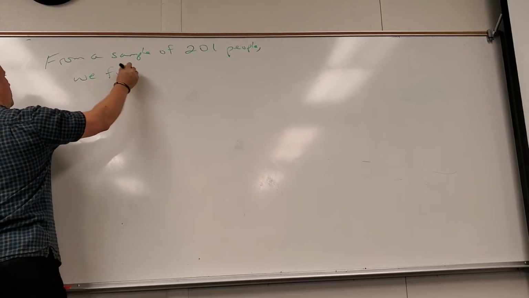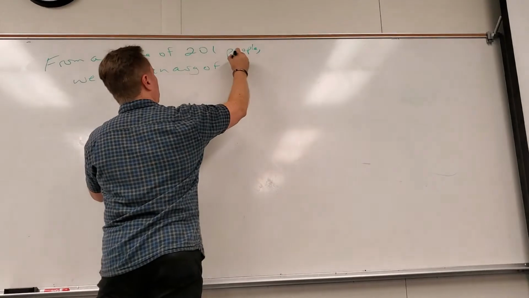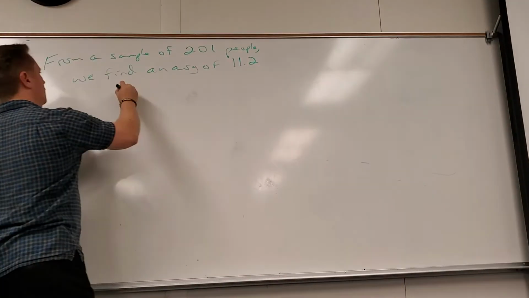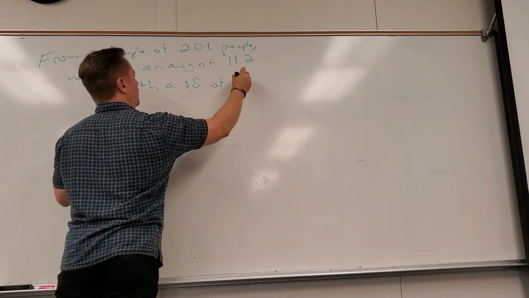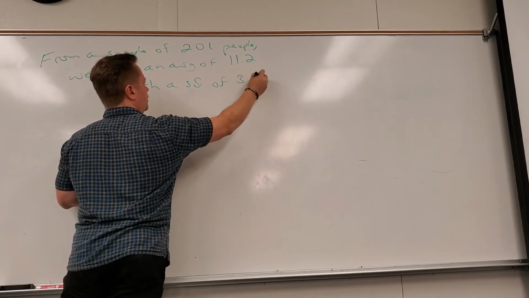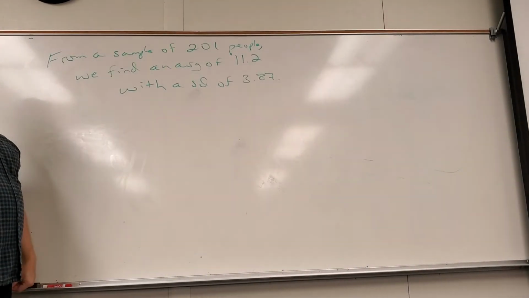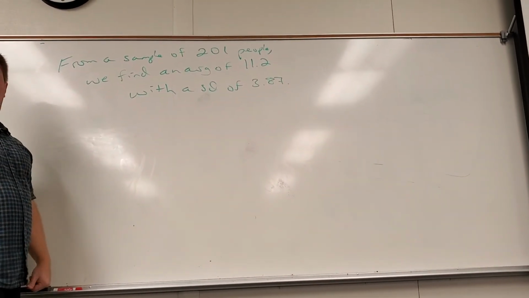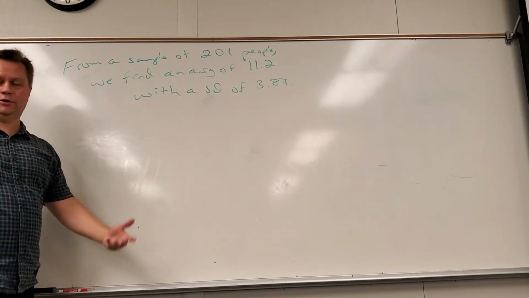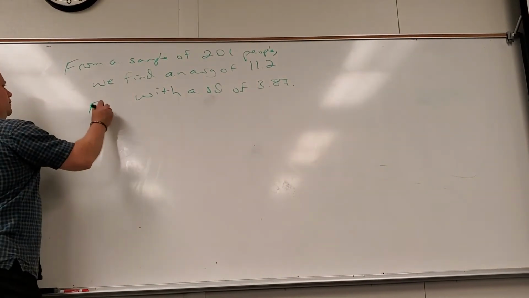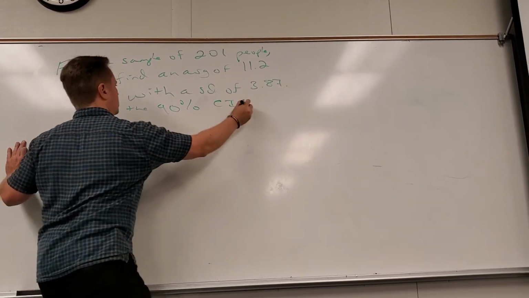We find an average of 11.2 with the standard deviation of 3.87. Right? Right. You know, like, dude, you just made that up, so sure. Find the 90% confidence interval for the true mean.